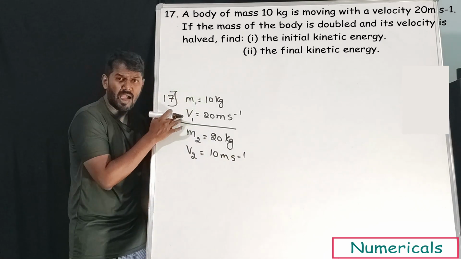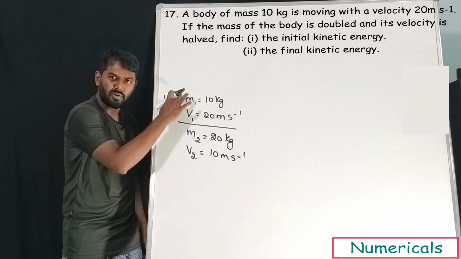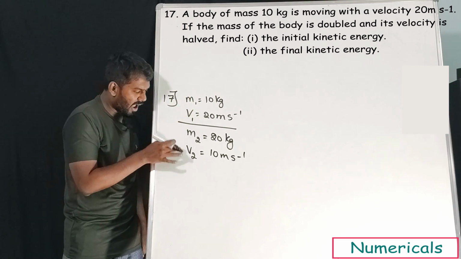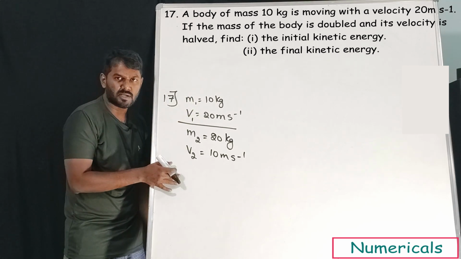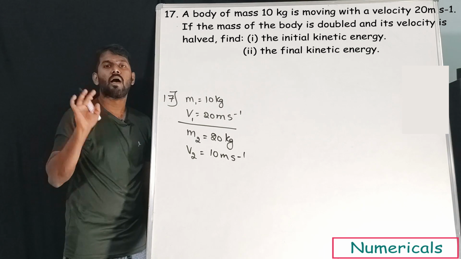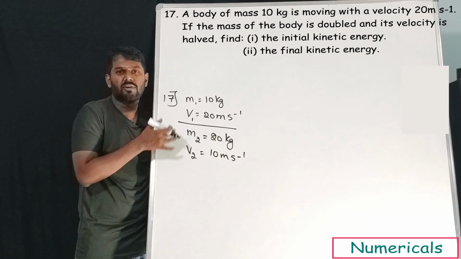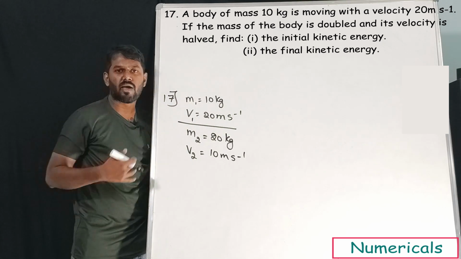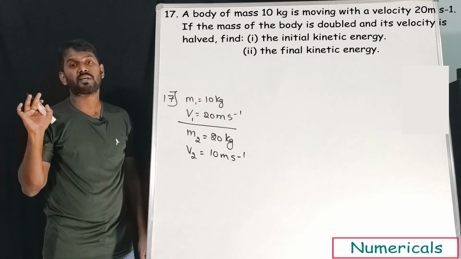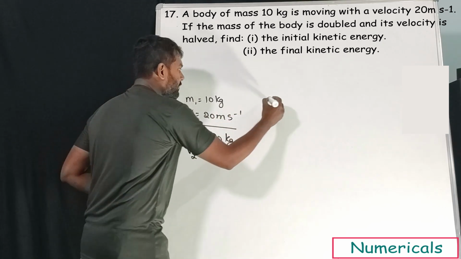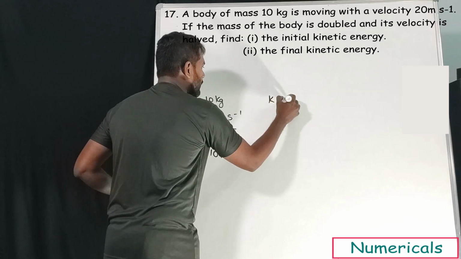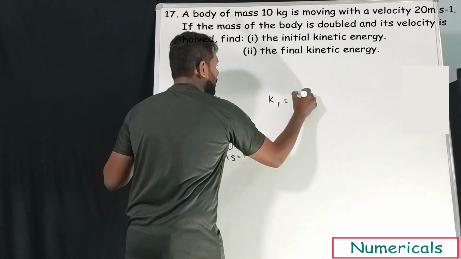We have one mass, one velocity, we can find kinetic energy. We have a different mass and different velocity, again we are going to get kinetic energy. That is what they are asking. If you write the given data, then substitute the values and get the answer in their SI unit. First, kinetic energy 1. K1, what is the formula?